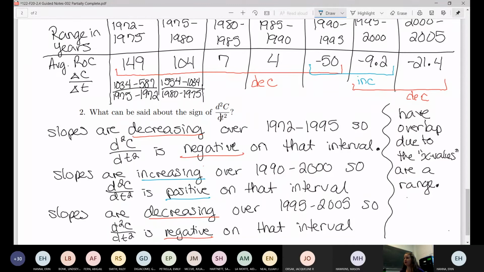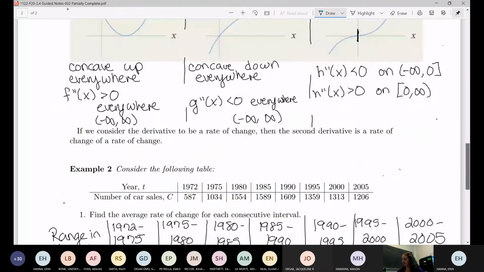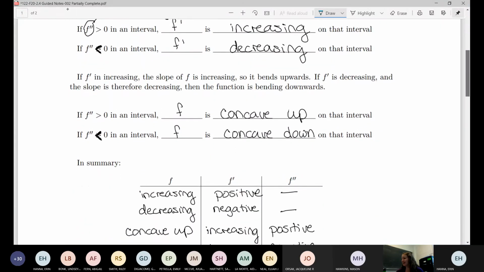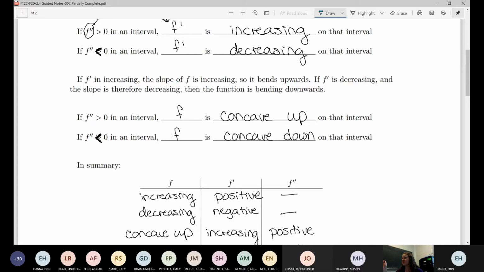Though I want to do one more that doesn't get into your notes. The second derivative is the derivative of the derivative. Back to 2-1, the one where we had the really strange Desmos and I had to pop back and forth between a bunch of screens 5 million times, we found out that the derivative is actually a function.